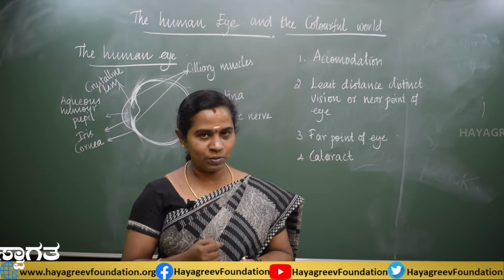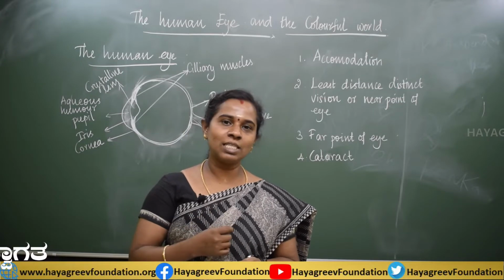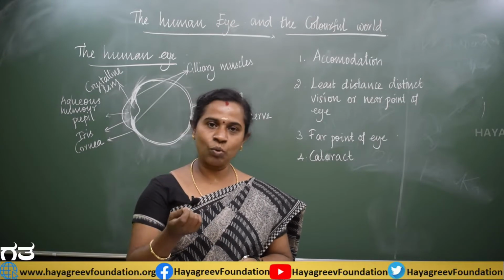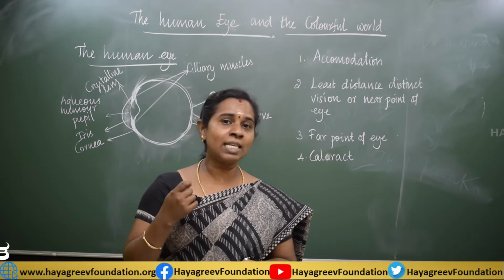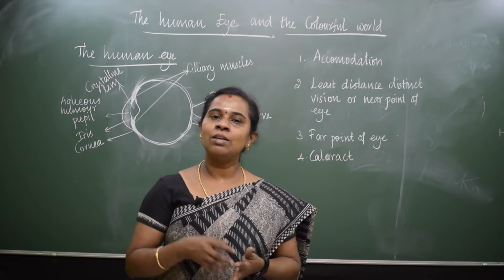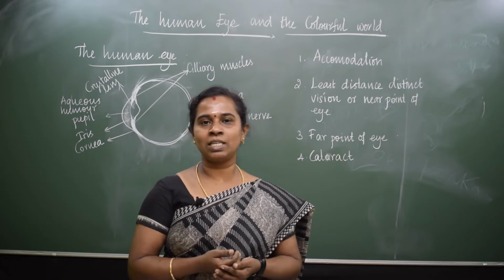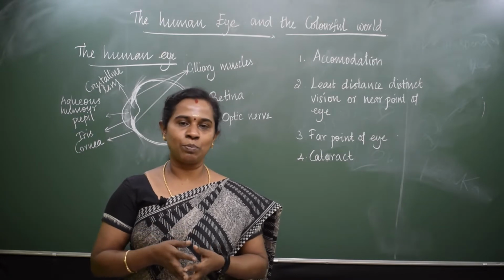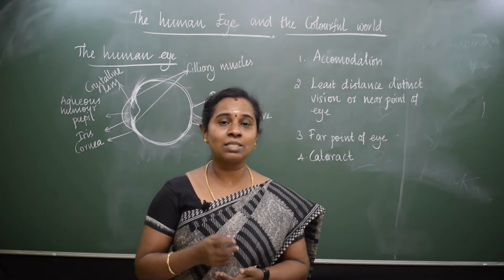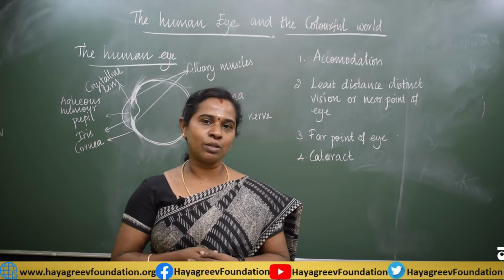So with the help of the ciliary muscles, you can adjust the focal length, more or less. When we see a long distance object, we increase the focal length of the eye lens. When we see a short distance object, we decrease the focal length of the eye lens.